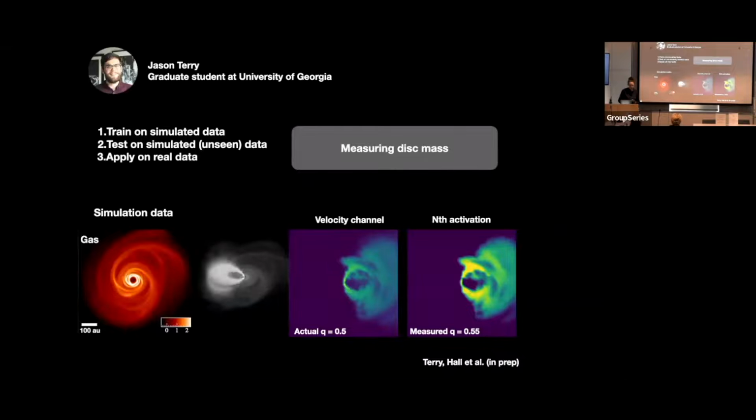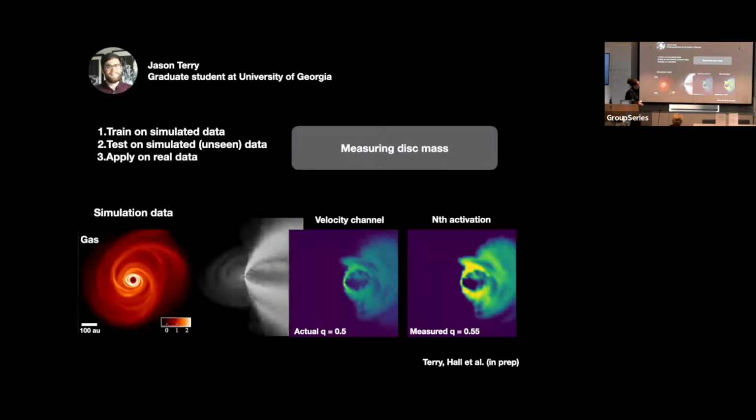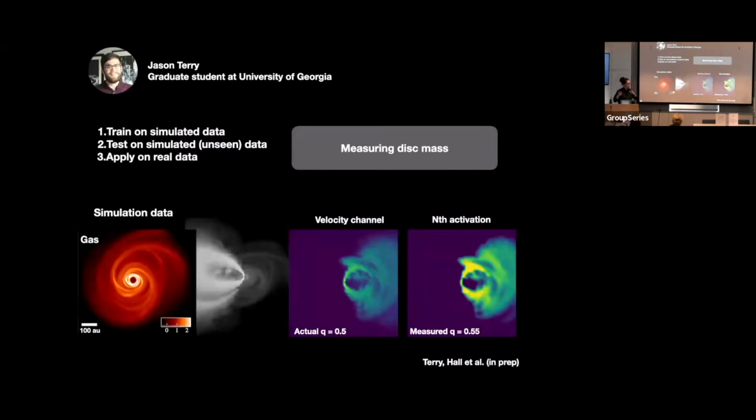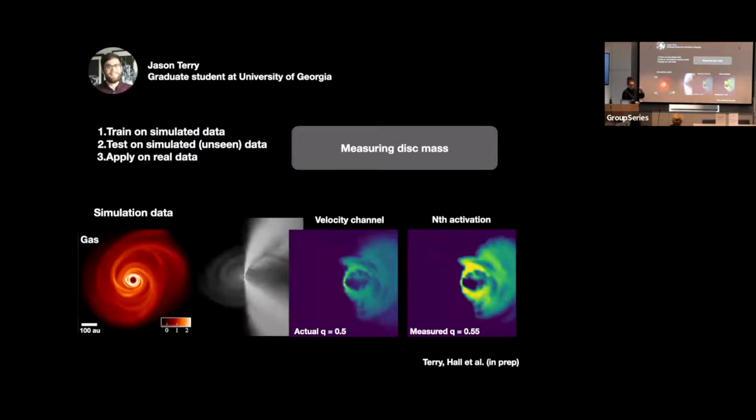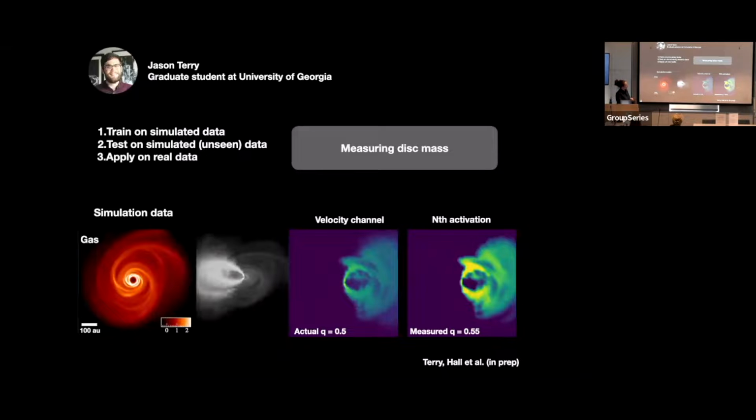Jason led this work by training on simulation data and testing on simulated unseen data. This is hidden from the neural network, it doesn't see it, and then applying on real data as well. The good thing about applying to unseen data is, of course, we know what the answer should be. So Jason has been measuring disk mass using this.